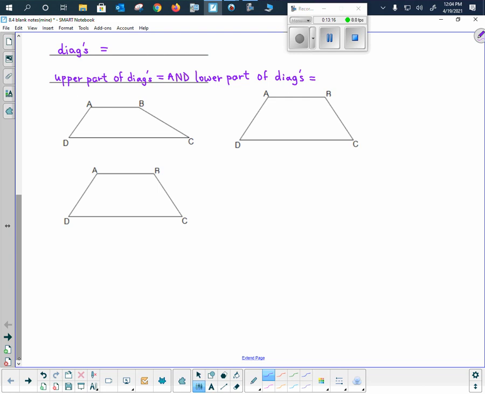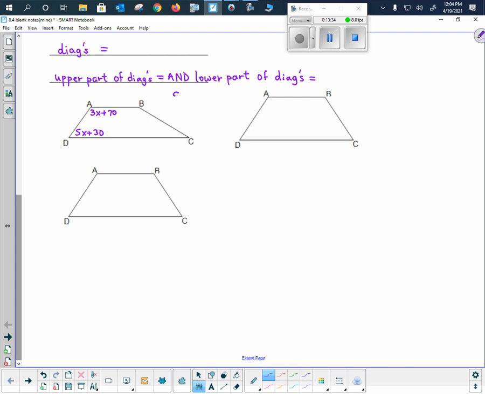I give you 3x plus 70, and understand what I'm labeling is angle A, okay, when it's written that way. And then we'll make this 5x plus 30. And that's angle D, okay?